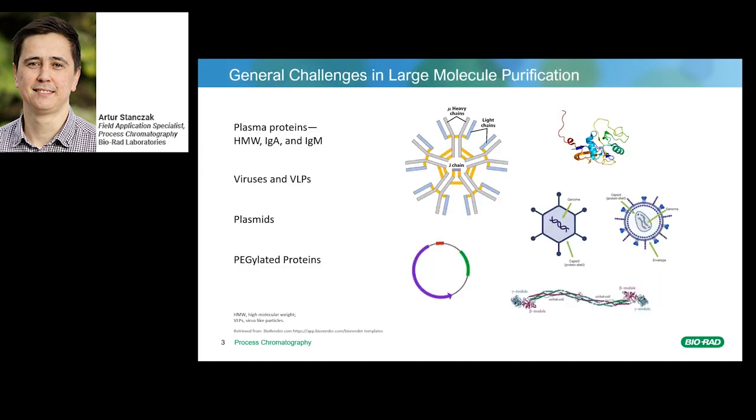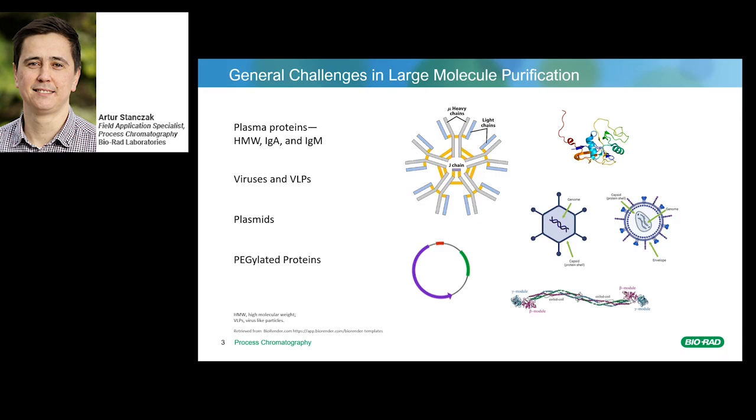Over the last decade, large molecules have gained a lot of interest as therapeutic products and opened a completely new chapter in the process chromatography field. Some of the large therapeutic molecules also originate from plasma, and they are fractionated, such as IgM and IgA.